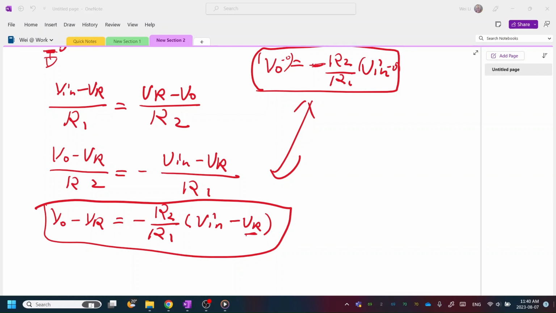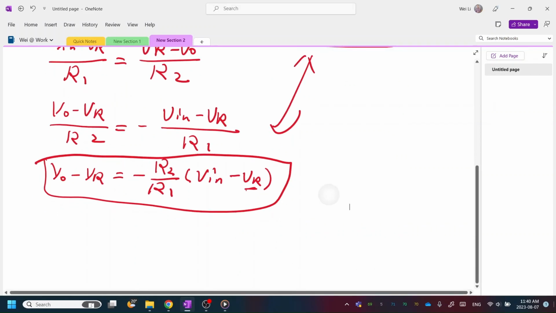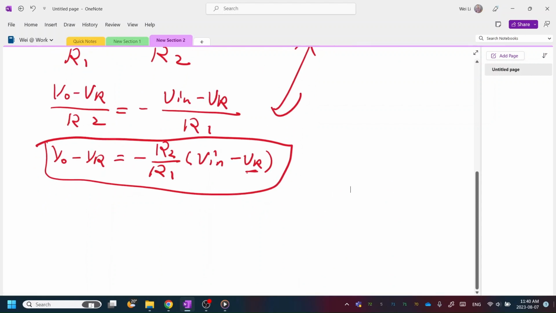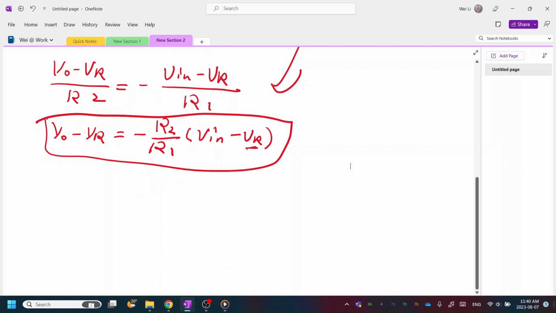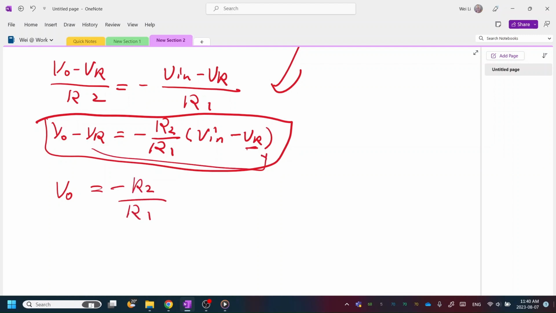Okay. This turned out to be very useful in modern electronics, in particular when you have a single power supply. I will talk about some examples later. And another way to look at this is you can rearrange this in a different way. We can move the VR to that side. We get minus R2/R1 times V in minus VR, plus VR.